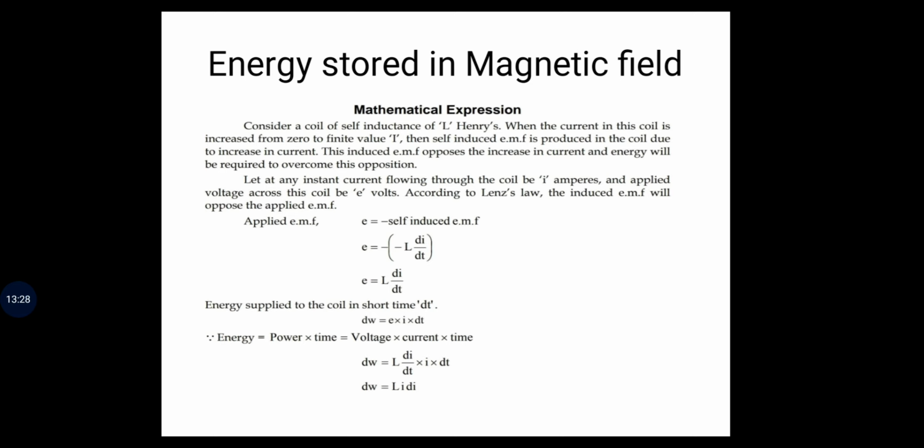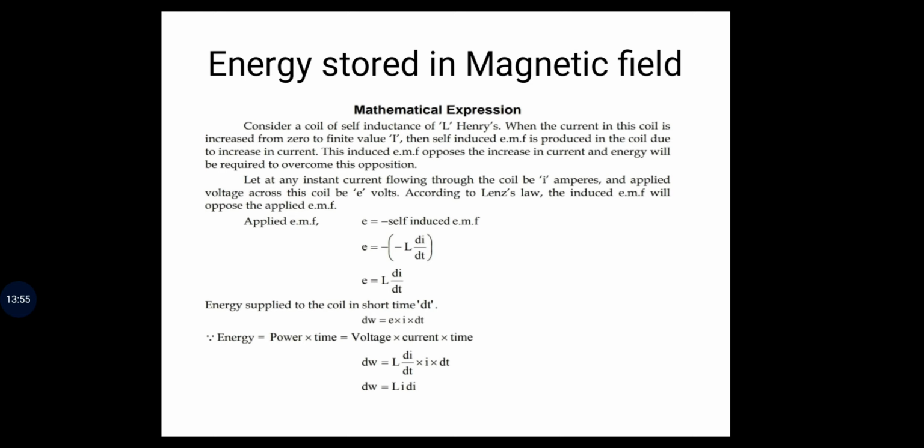This induced EMF opposes the increase in current, and energy will be required to overcome the opposition. So according to Lenz's law, here E equal to minus L into di by dt.